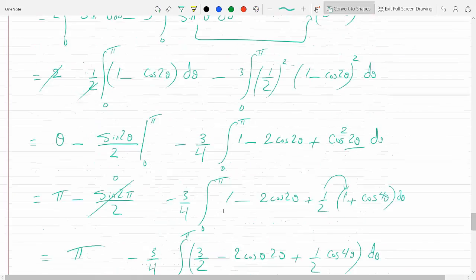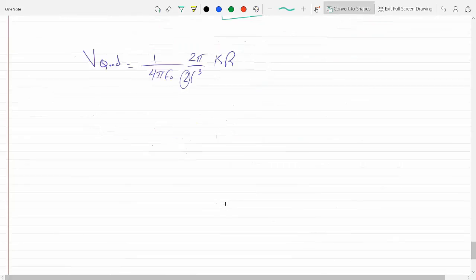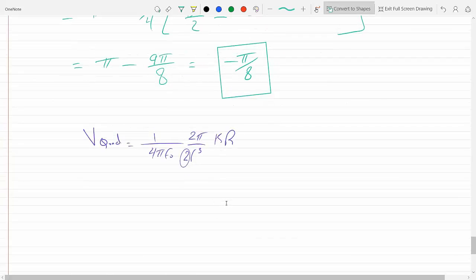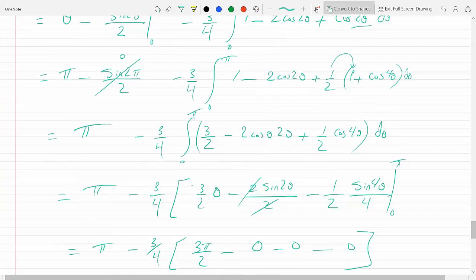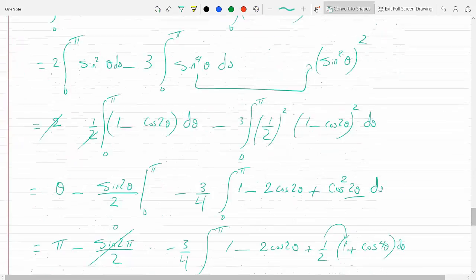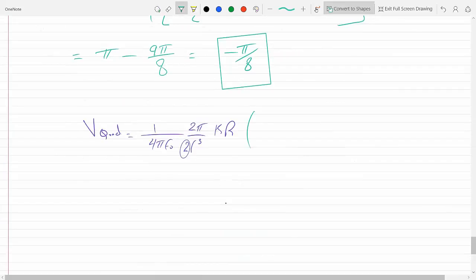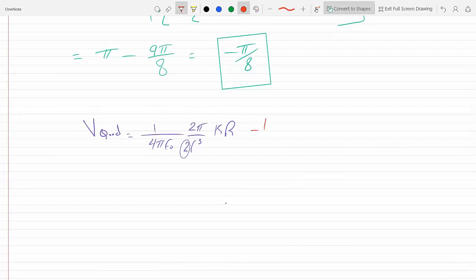So after the KR comes the result, okay? Because I integrated all that, so we get KR times, we got from the R integral, what was it? Minus 1 over 6 R to the 4. So minus 1 over 6 R to the 4. This was the R integral. And the theta integral was minus pi over 8. No?